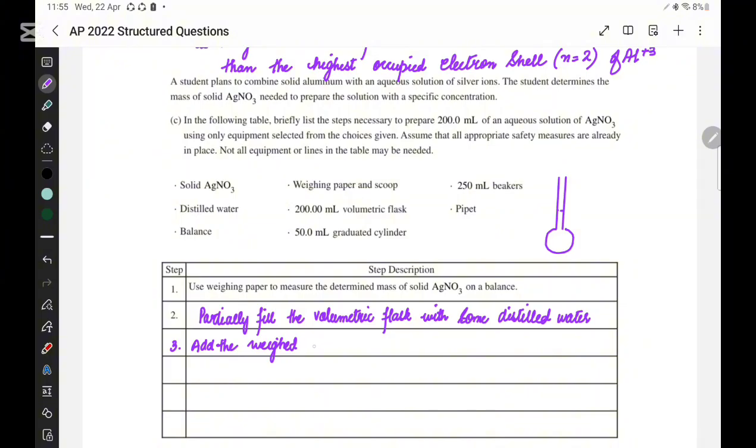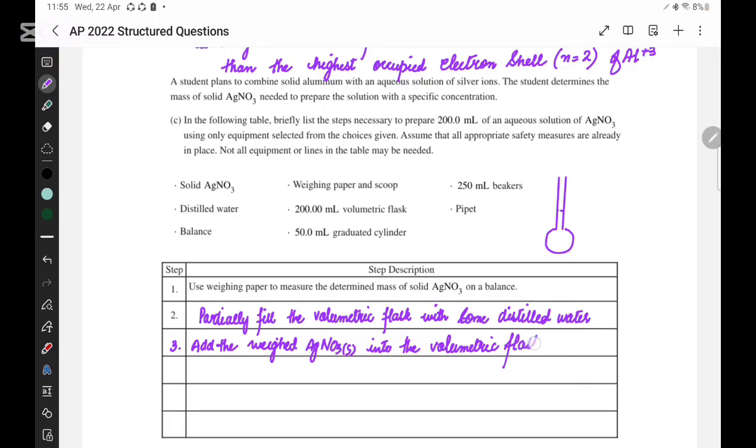You are going to add that weighed quantity, which is basically in solid state, from the balance into the volumetric flask.